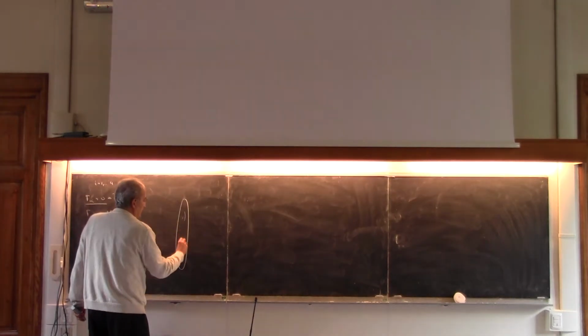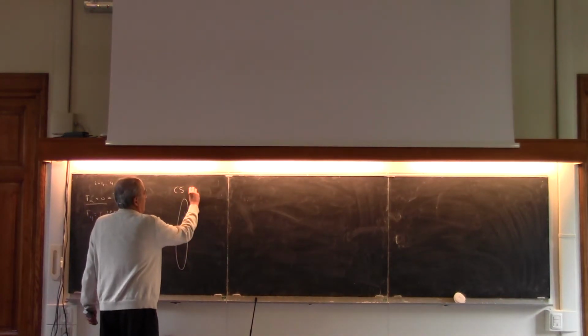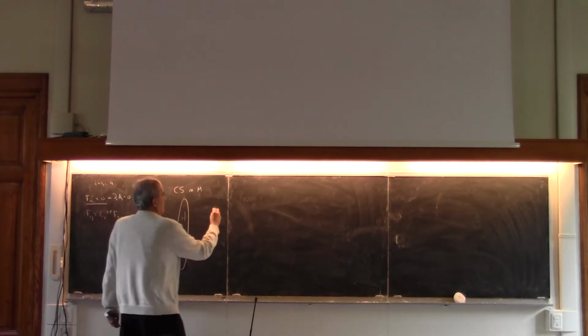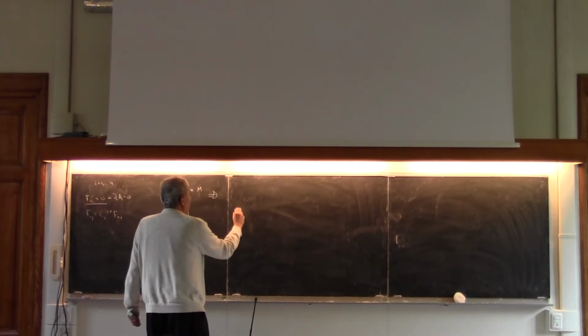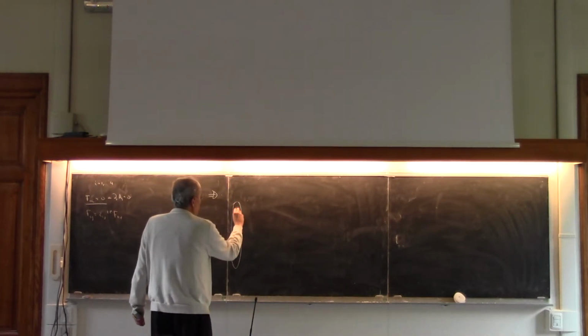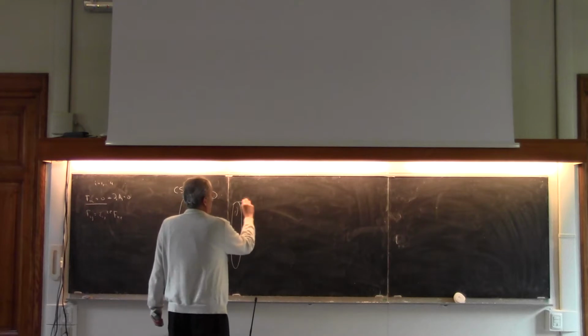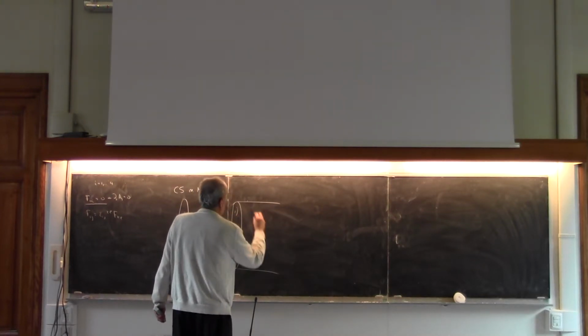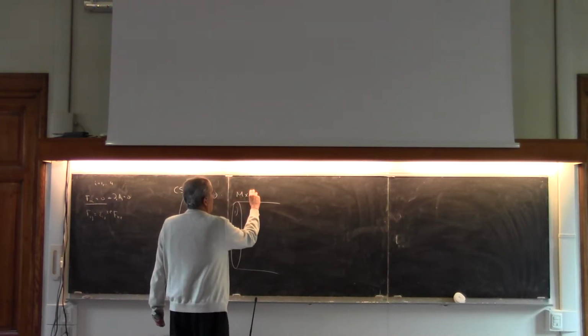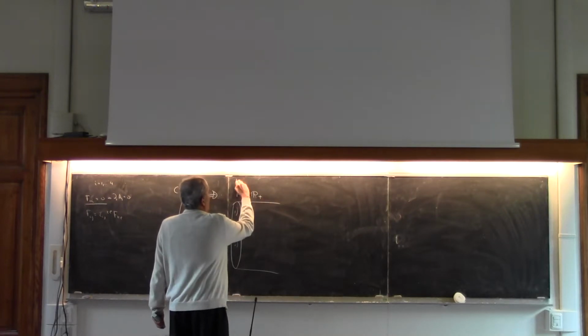So we started with the Chern-Simons action on M. And then, purely formally, we changed the integration cycle to a Lefschetz thimble. So now we want M times R plus with the Lefschetz thimble.